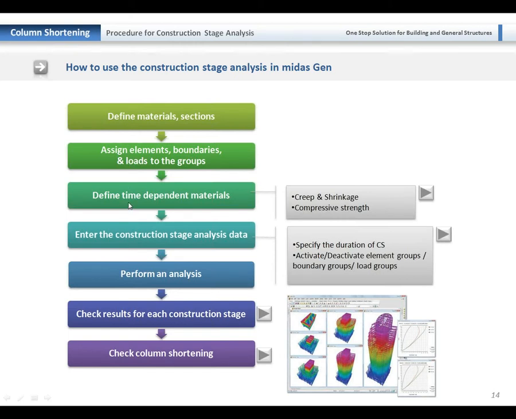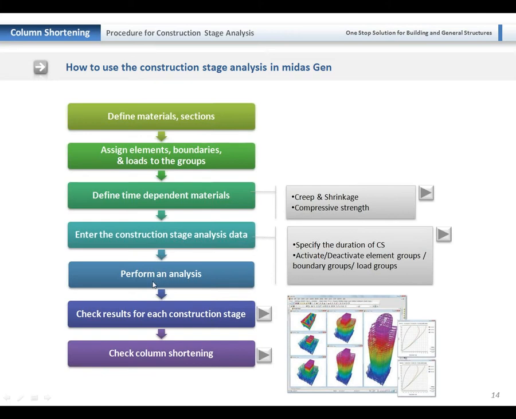And then we can consider the time-dependent material. As we checked, we can use the database or user-defined function for the creep, shrinkage, and compressive strength. And then we will make the construction stage data for each stage.